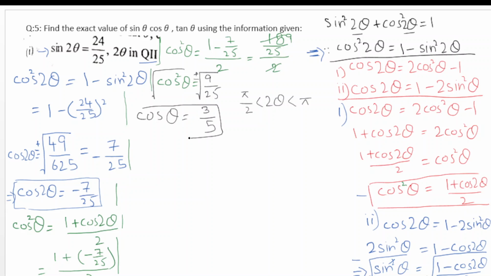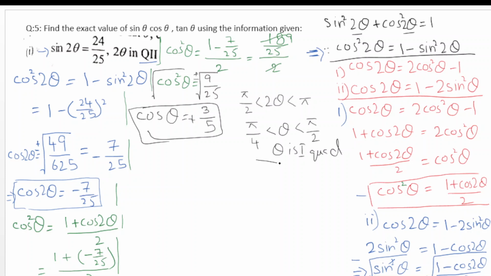So for theta, I will divide by 2 on both sides. When I divide by 2, it will be pi by 4 less than theta less than pi by 2. When you see this clearly, it is the first quadrant. So theta is in the first quadrant, and here we'll write the positive sign, or not write any sign. You can solve like this also.